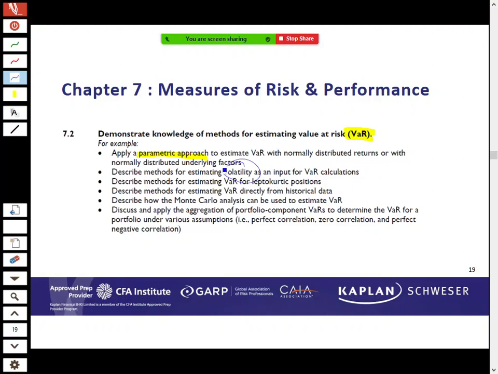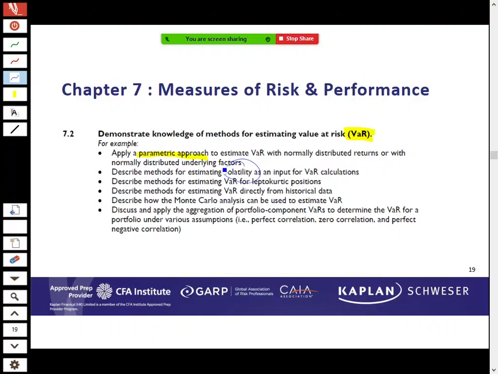How do we look at these figures, the input? How does this input affect the output? And also, under what conditions is this VaR calculation valid or not valid? Then you move on to talk about different types of VaR approaches. So you see, these are the requirements in the curriculum.